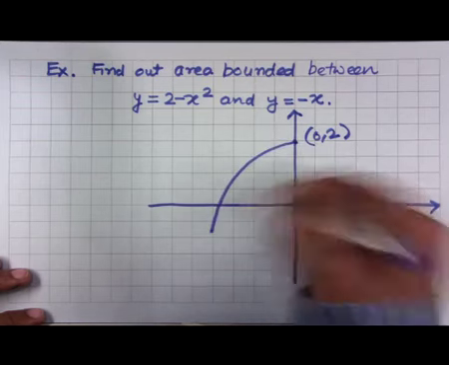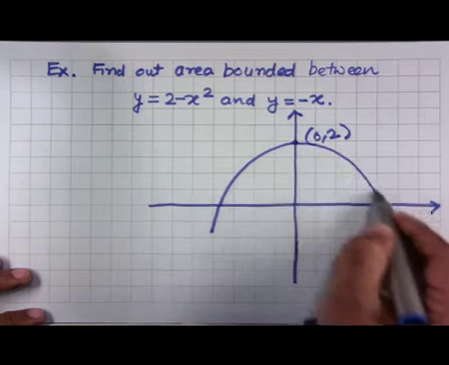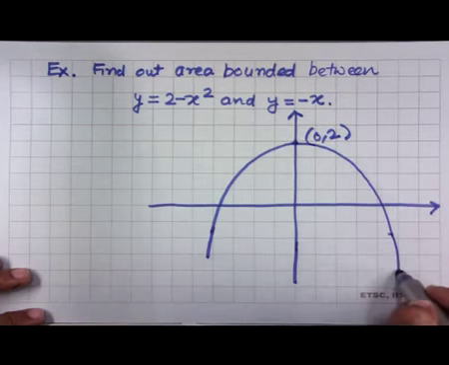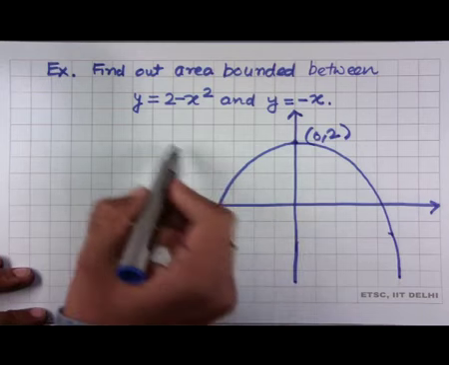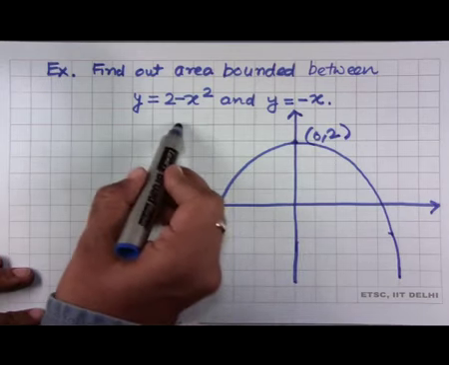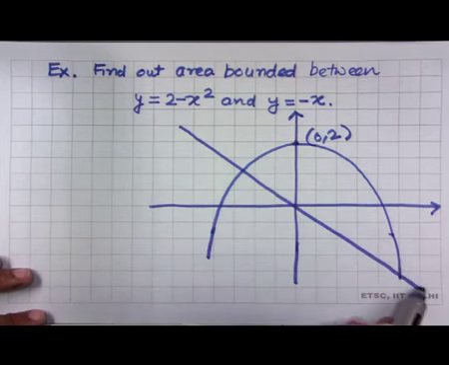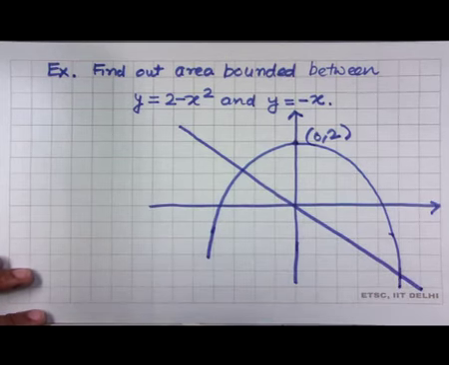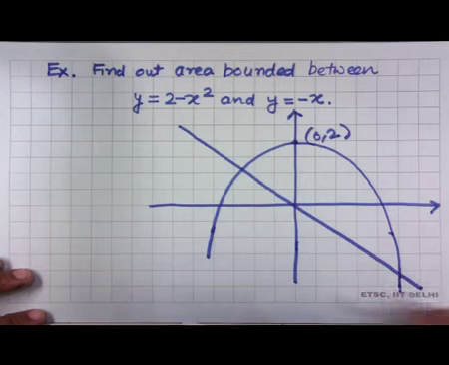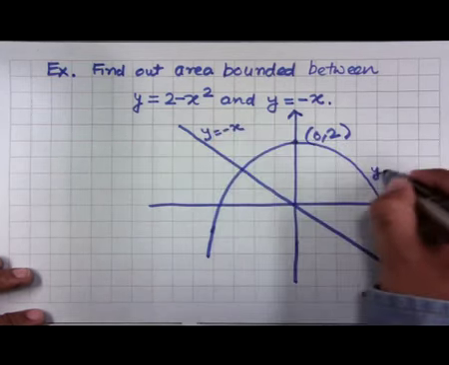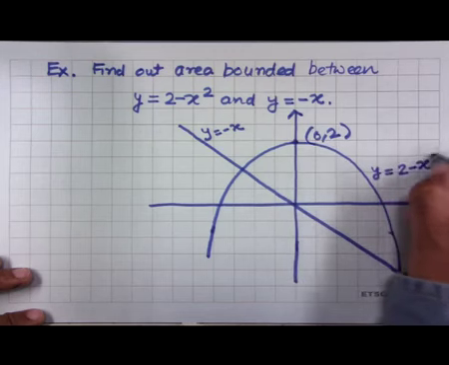So, you will get this parabola. Now, y equals to minus x is a straight line with the gradient minus 1. So, you get this y equals to minus x, and this is y equals to 2 minus x square.